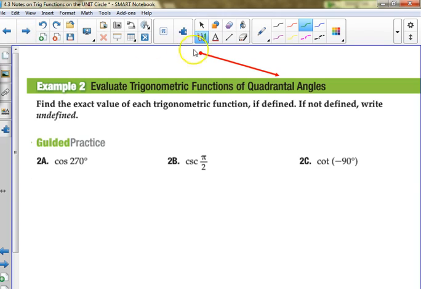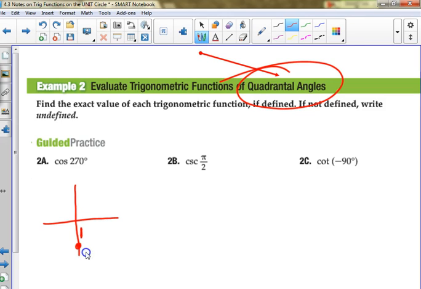These are quadrantal angles. So I want to talk about these because we can just use the ordered pairs. If we use a radius of 1, this distance is 1, what is that ordered pair right there? It went across 0 and down -1, yes?